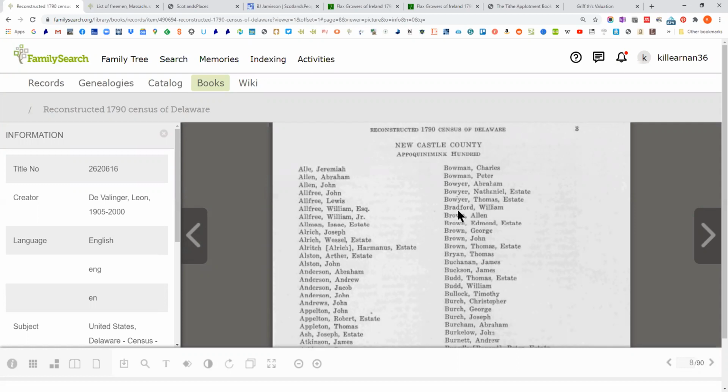So again, that's a good thing to check: are there widows listed in something that's otherwise men, like a tax list? So that's the good news on that, and sort of the bad news is that many of the original records these are coming from are not trying to capture everybody the way a census does.